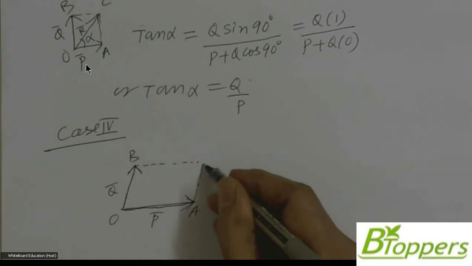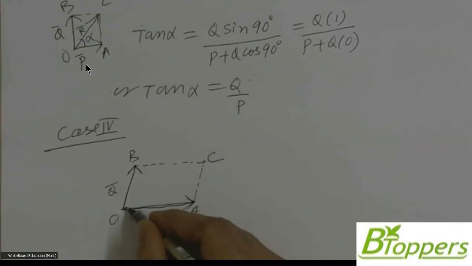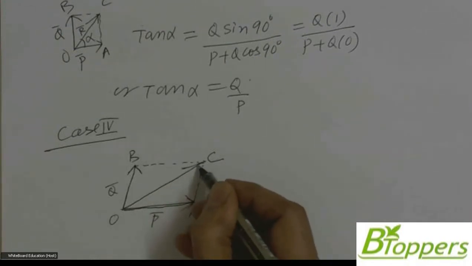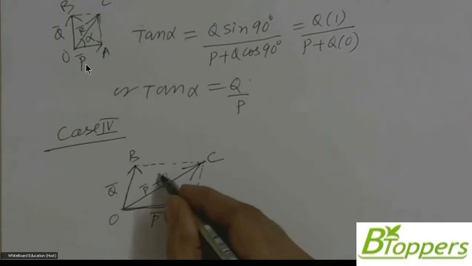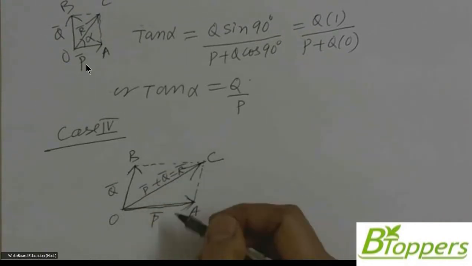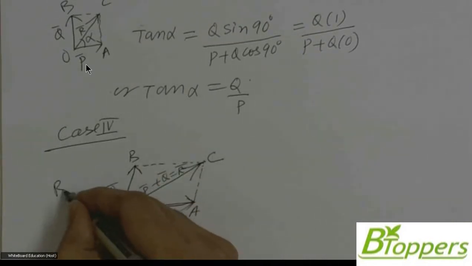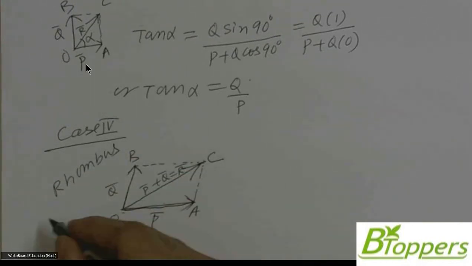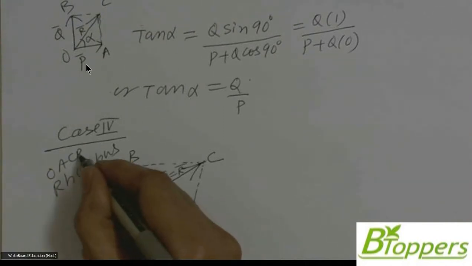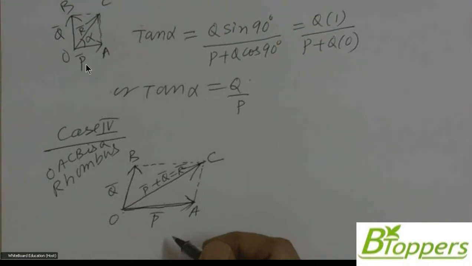So if you complete the parallelogram as we have done previously, OC bar represents the resultant of p bar and q bar. Here the parallelogram OACB becomes a rhombus.